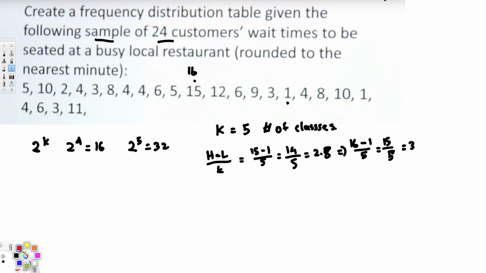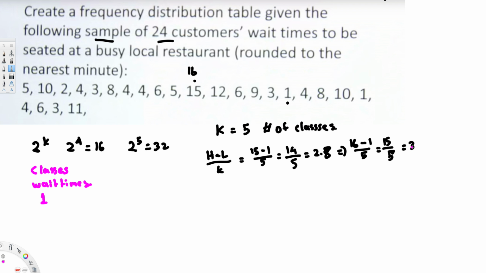The first column is going to be classes, and the data given is wait times, right? So wait times is going to be the classes. We found out the range is 3, and we are going to have 5 classes, and the smallest number is 1, so 1 plus 3.